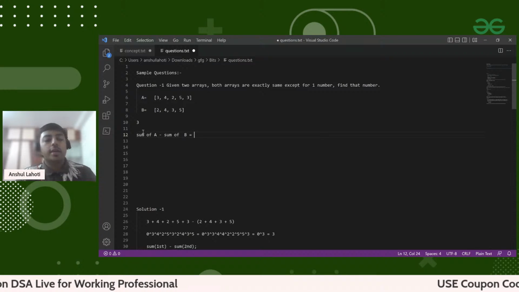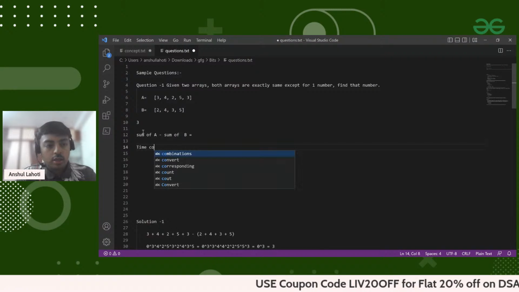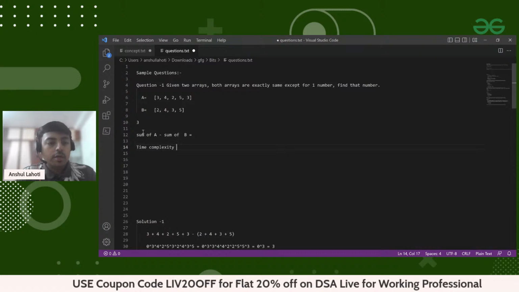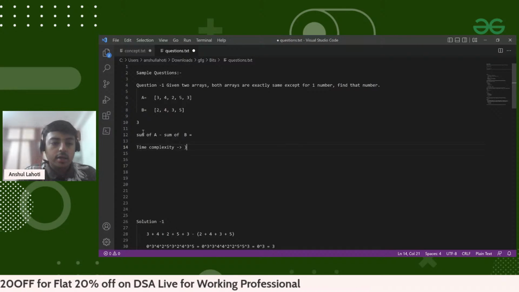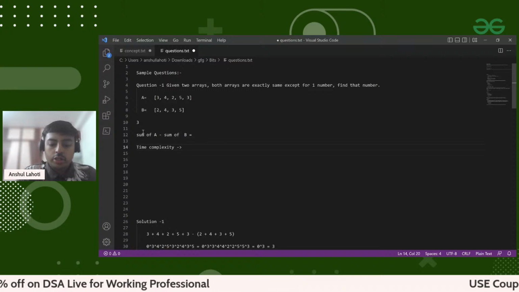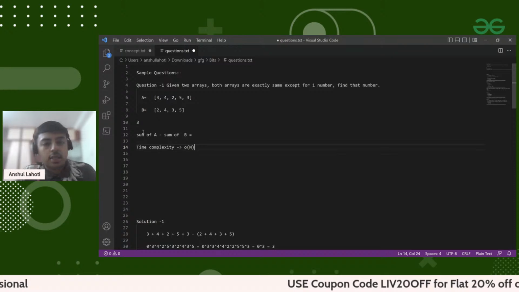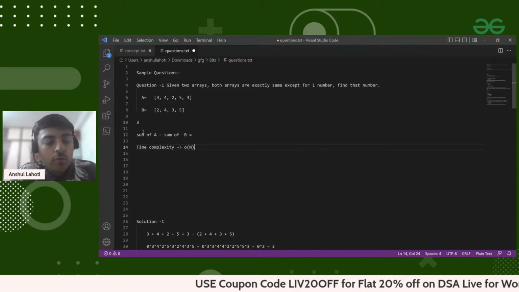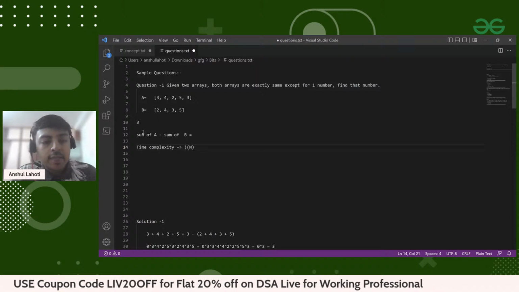So that's one way. The time complexity here will be O of n, where n is the number of elements in the array. Here the time complexity doesn't matter, it's a basic question.